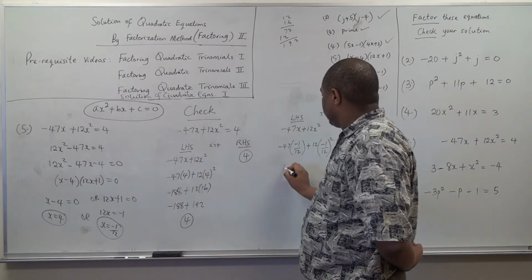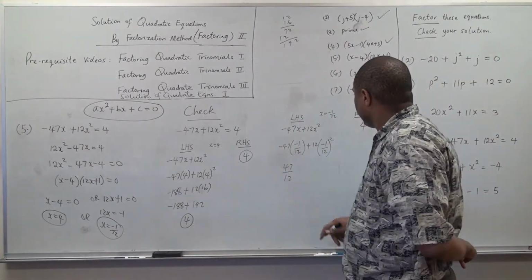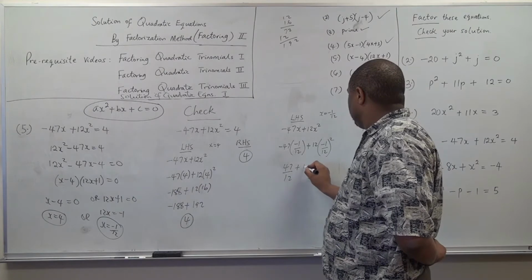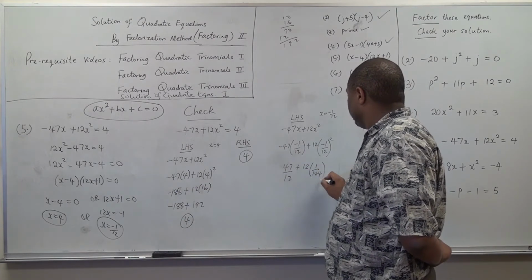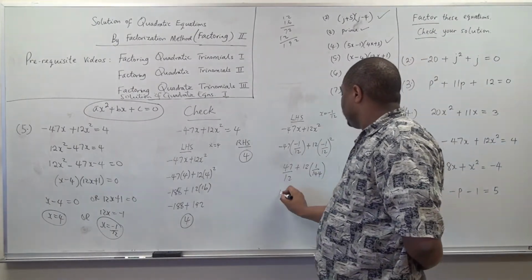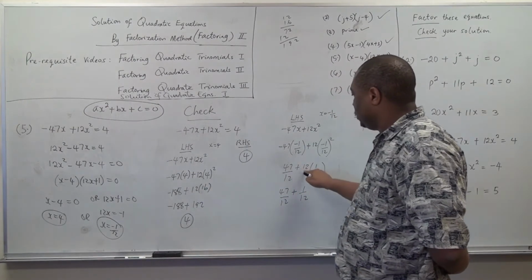All right, this will be 47 over 12. Negative times negative is positive. Plus, this is now 12 times 1 over 144, because negative all squared is positive. So this is 47 over 12 plus 1 over 12.